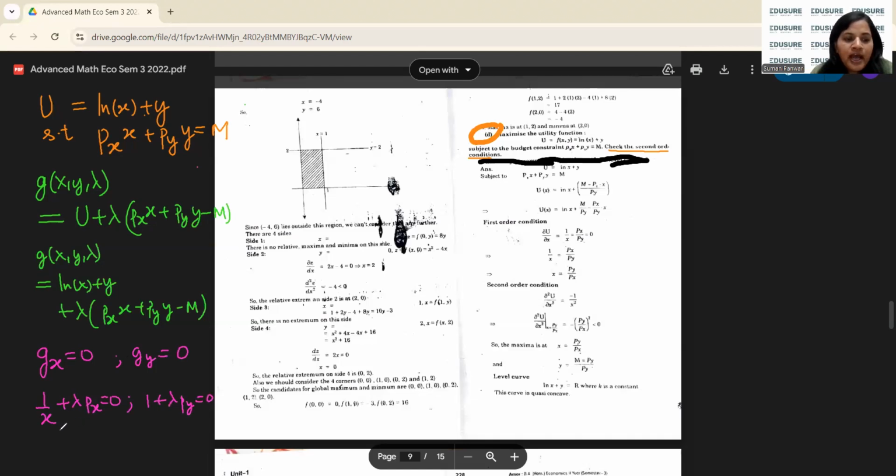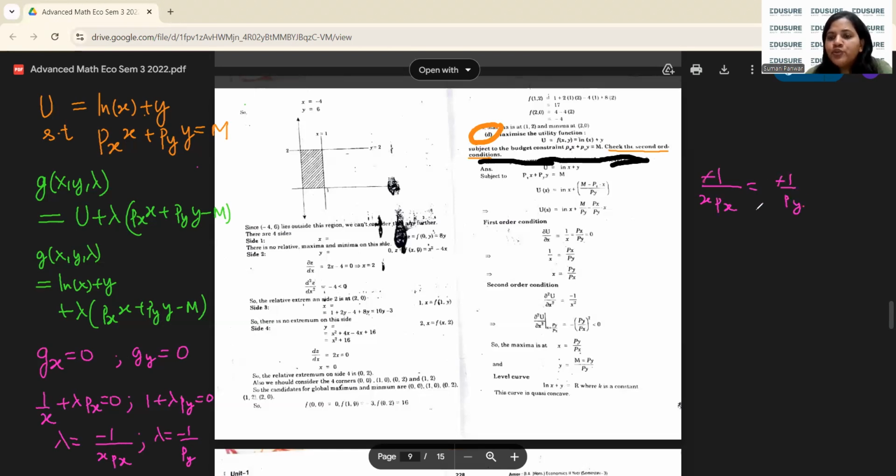So from here, lambda = -1/(x·px), and from here, lambda = -1/py. Therefore, -1/(x·px) = -1/py.